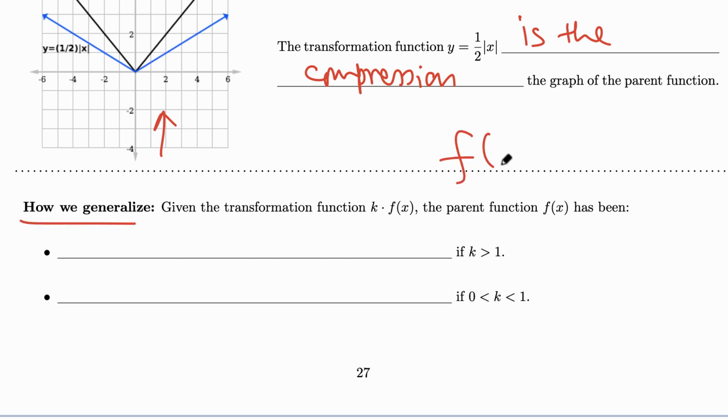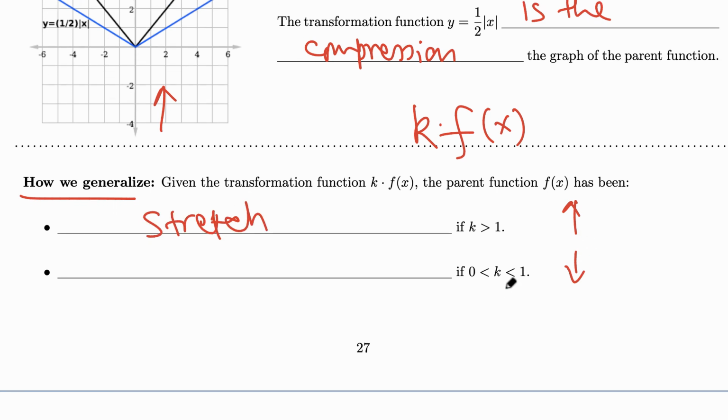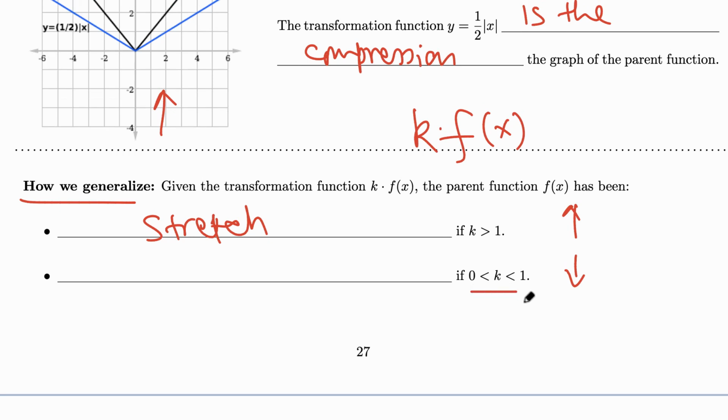We have a function f(x), and we multiply by a number k outside. If k is bigger than 1, that means we are stretching. And if k is positive but less than 1, that means we are pushing the graph, so we are compressing it. So, compression.